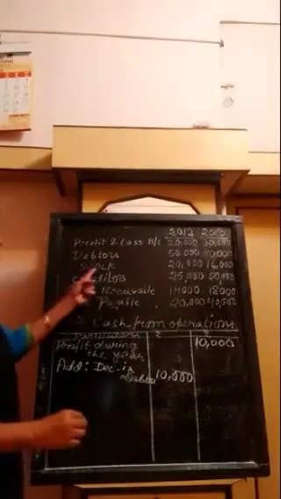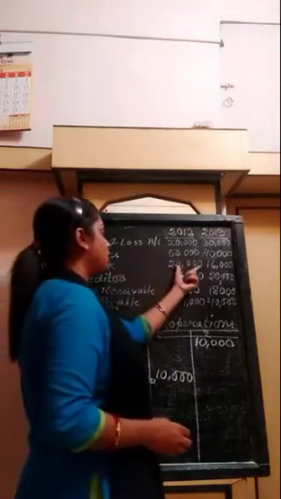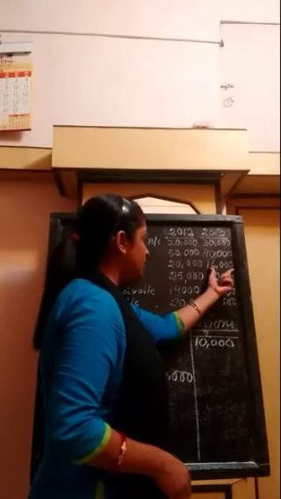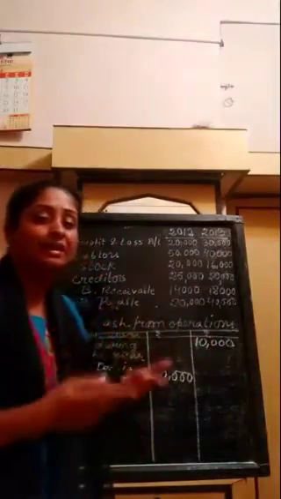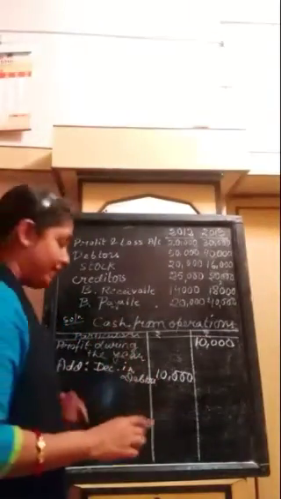Then stock. This is also a current asset. The previous year value is 20,000 and now it is 16,000. So it has again decreased 4,000, and decrease means increase in the cash flow, so it will also be added.